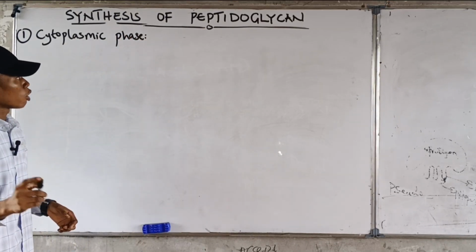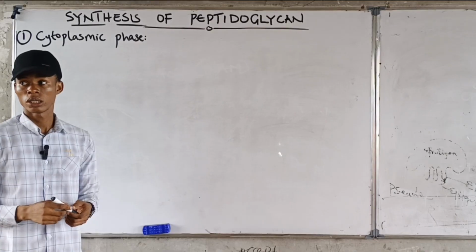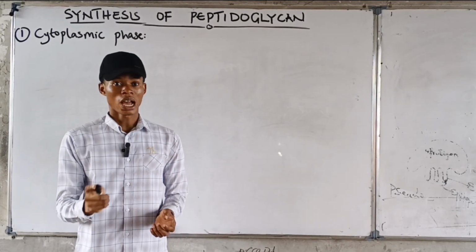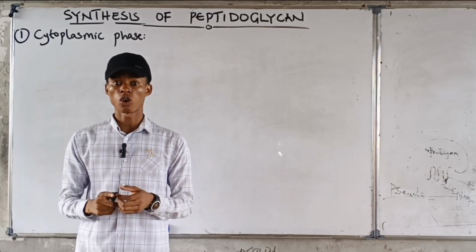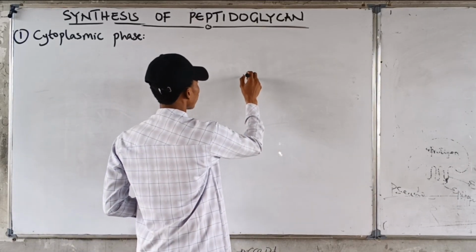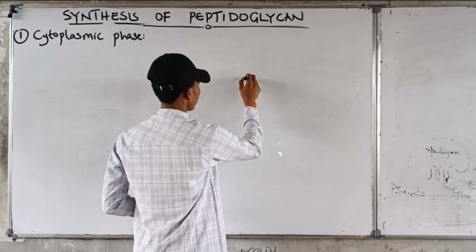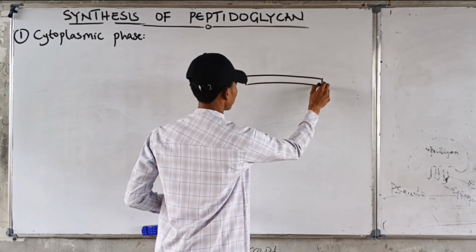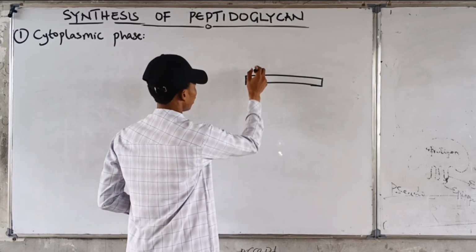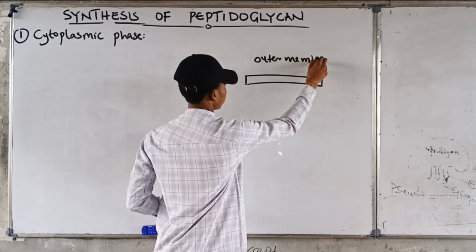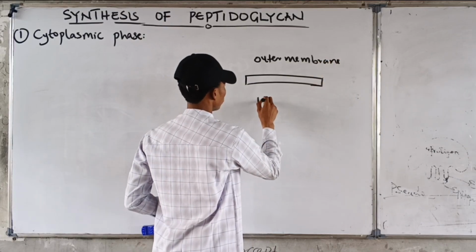Now, I'll need you to understand something here. For bacteria, we have gram-positive and gram-negative bacteria, and the difference is in the composition of their cell membrane or cell wall. For gram-positive bacteria, we have something like this. Let's say this is the outer membrane and this is the inner membrane.